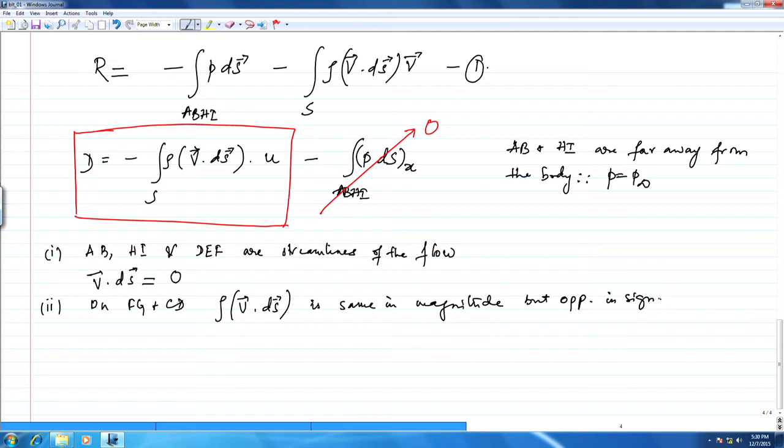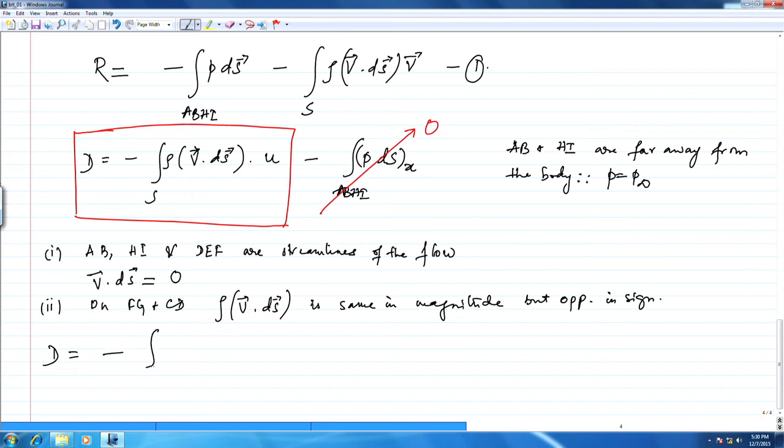This is essentially nothing but the mass flux. So this also cancels out. So what we are left with is basically this.